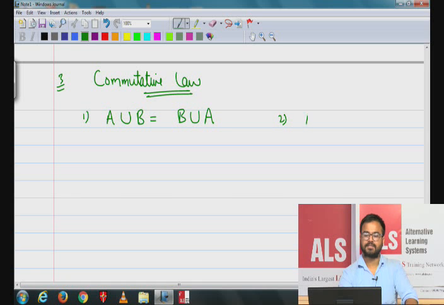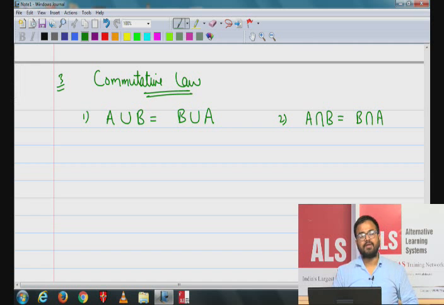And the second one is A intersection B is the same as B intersection A. Now, how are we going to prove this? Whenever in these types of questions we have to prove that the left hand side is equal to the right hand side, we will take the help of the subset.